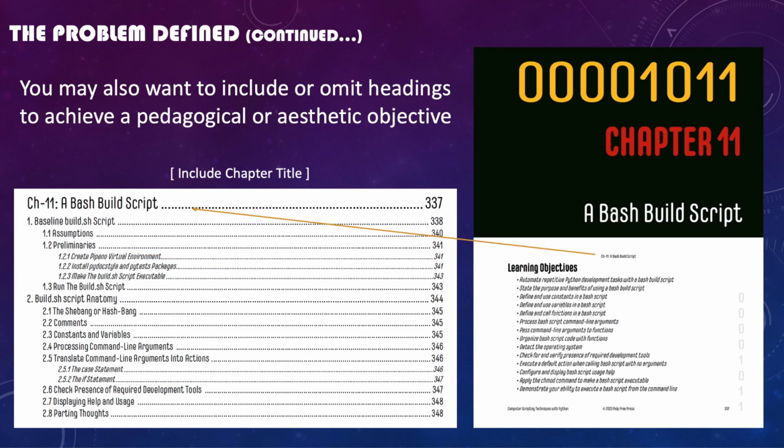You may also want to include or omit headings to achieve a certain pedagogical or aesthetic objective, right? So in other words, I put a title in my documents. On the right-hand side, you see Chapter 1, a bash build script, and then you see some small text. That's a title. I usually turn that white text and hide it in the final book. You can't tell when you generate it into a PDF that it's there.